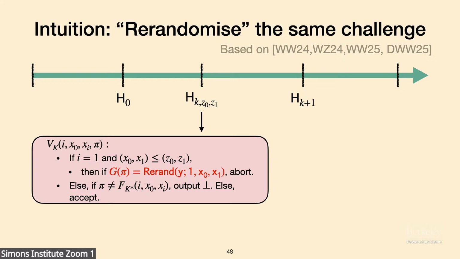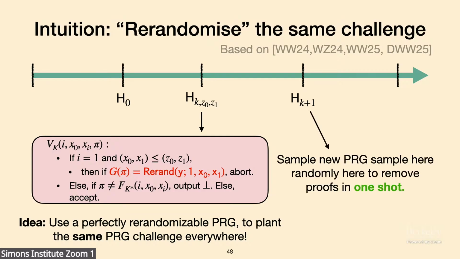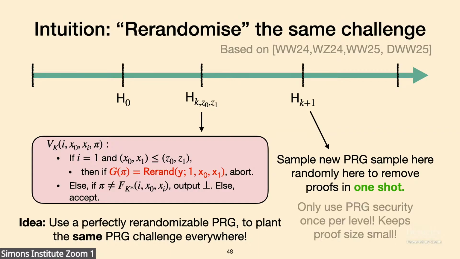So I'm not using PRG security. I'm using the fact that the PRG re-randomization is perfect. Now by using the same perfectly re-randomizable PRG everywhere, I can plant the same PRG challenge. So if you give me any proof here, I'm breaking one PRG challenge. Essentially, I'm only using PRG security once per level, and this keeps the proof small. This is the key idea from the Waters-Wu paper. I'm hiding a lot of details, but that's the high level.